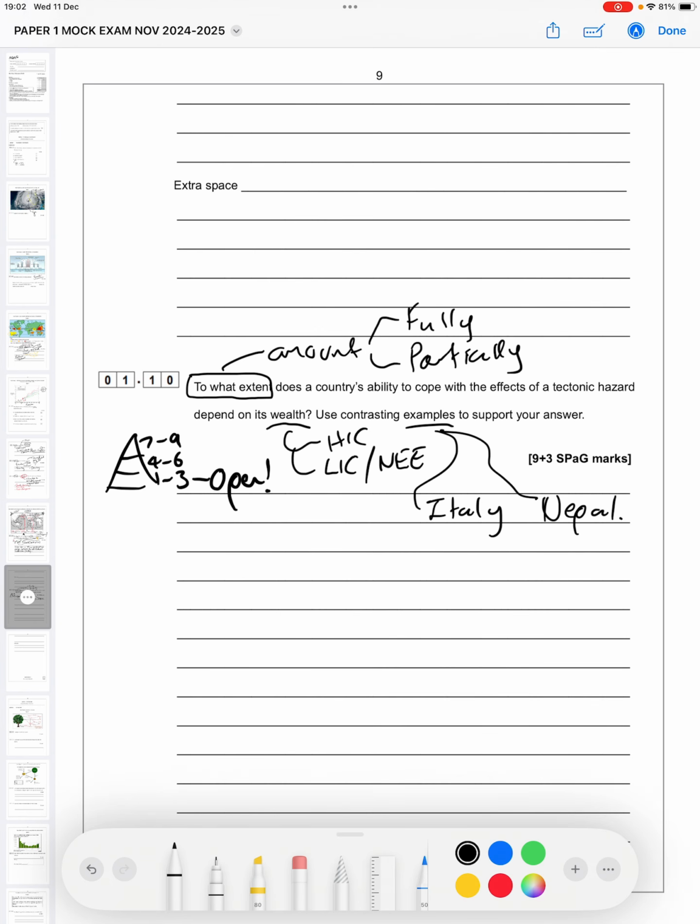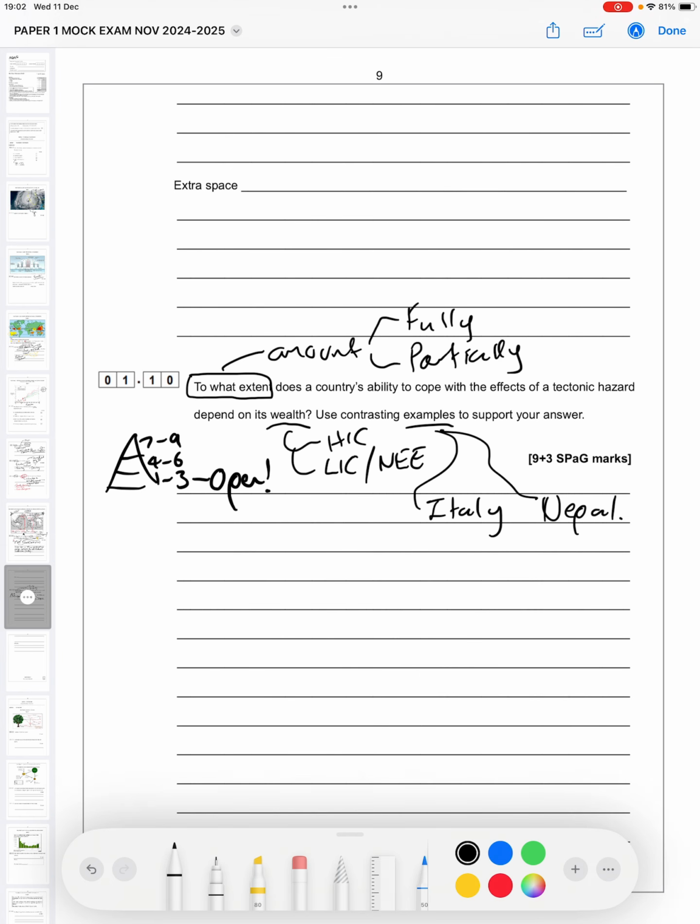Now, we've now picked this apart, and what we can see it's asking is, do we think that a country's ability to deal with an earthquake or a volcano depends on how much money it's got? Explain. Now, I'll give you a top tip here.